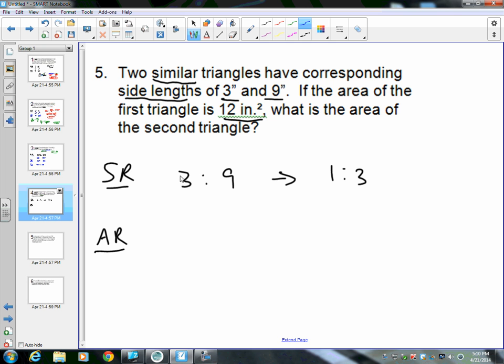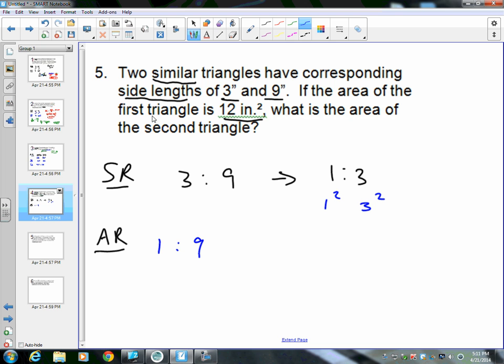Just like what we did before from the similarity ratio to the area ratio, you square them. So we say 3 squared and 9 squared. Except no, we're not going to use 3 squared and 9 squared. We're going to use 1 and 3, the reduced version. So 1 squared and 3 squared. 1 squared is 1. 3 squared is 9. So we get the area ratio of 1 to 9.